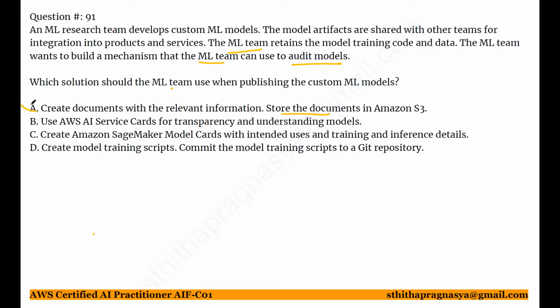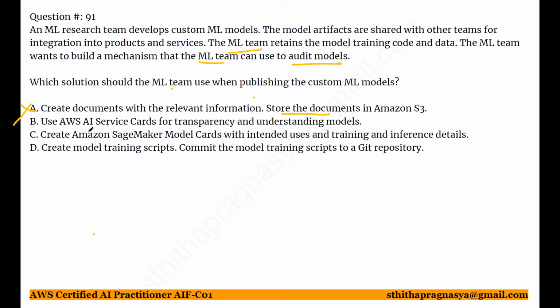So I wouldn't pick this one as it does not provide a systemic or efficient mechanism for auditing models. You need a store that is specific to storing models. For example, Amazon ECR is specific to storing containers. Similarly, do you know anything that is specific to storing the models? Of course, that is going to be the answer, but let's look at options and figure out.